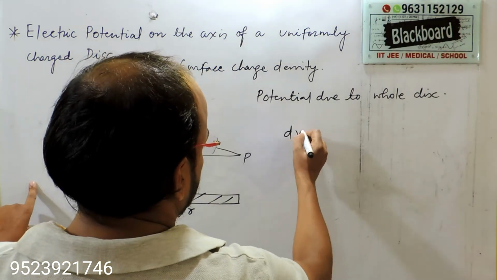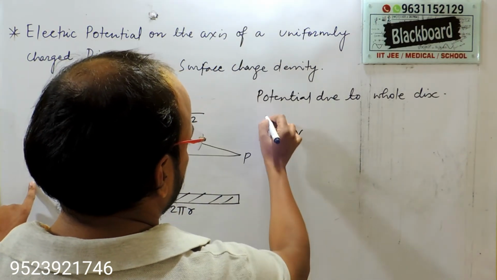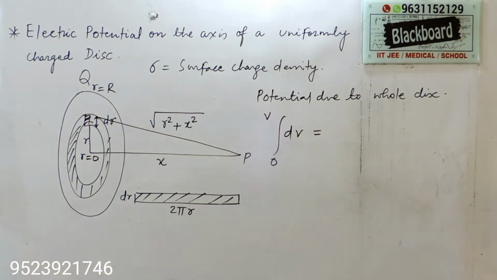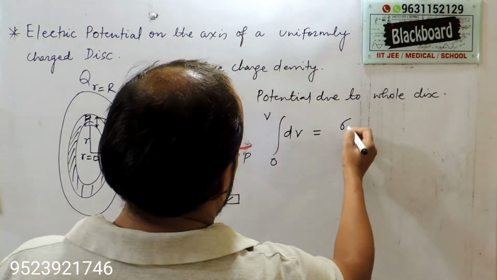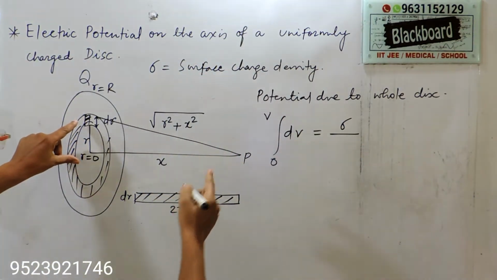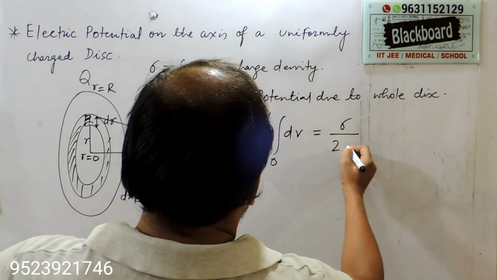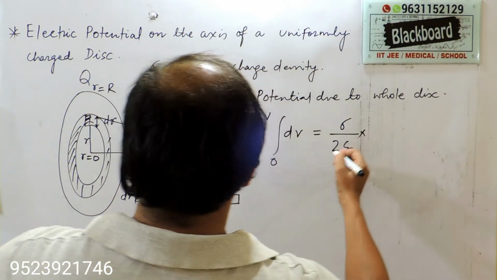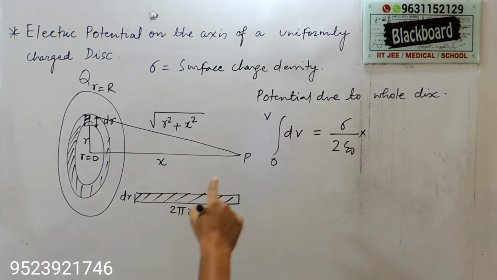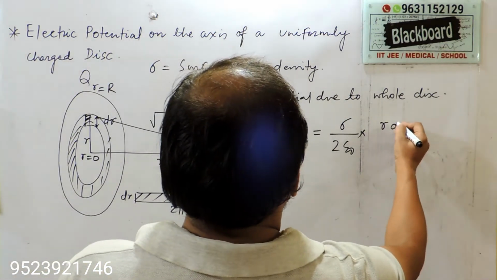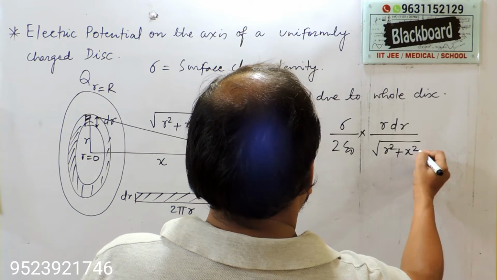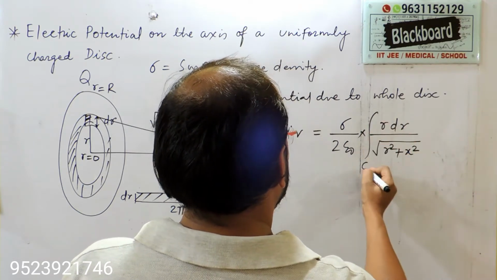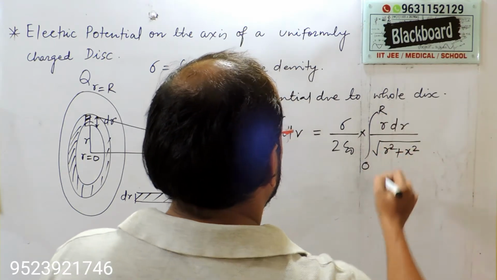That means you have to integrate this term, sigma by 2 epsilon naught, r dr root over r square plus x square, from 0 to r.